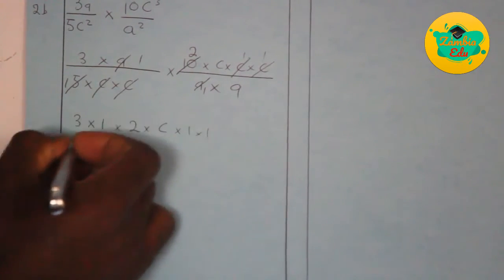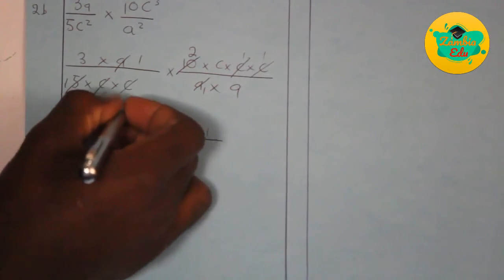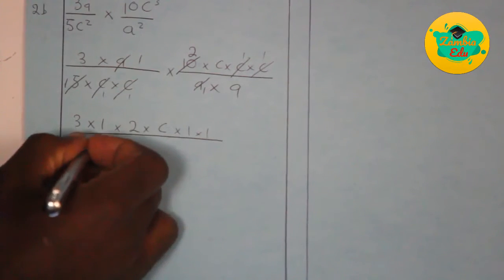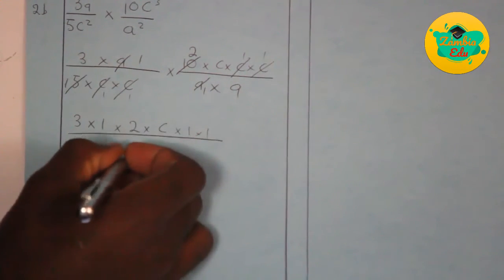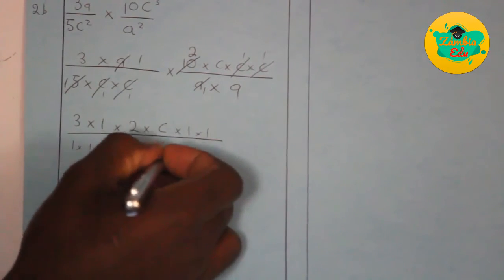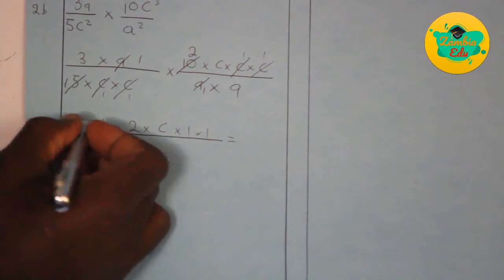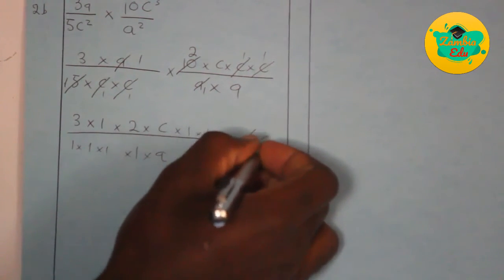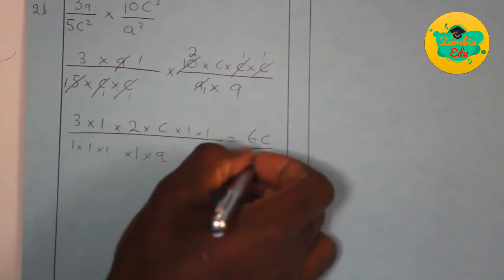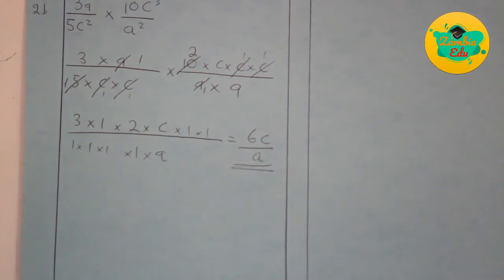So all in all, at the bottom also, we have 1 times 1 times 1, you can even skip this step, times that 1 times a there, so we get to have 3 times 2, 6 times c, 6c over a as our answer.